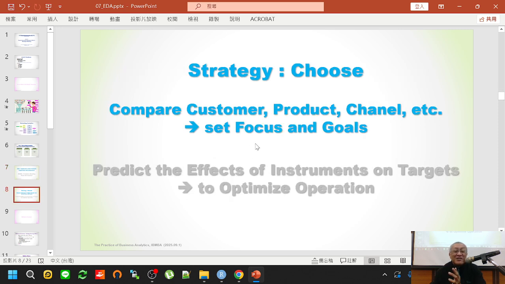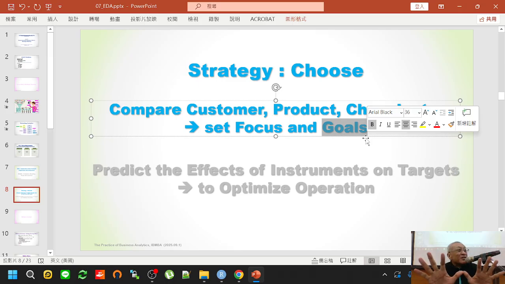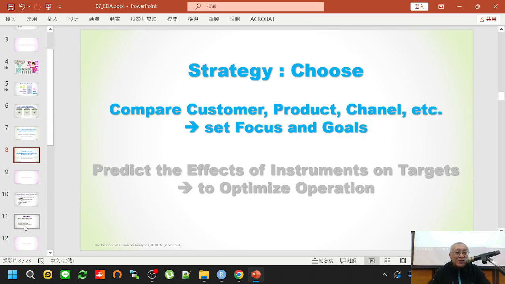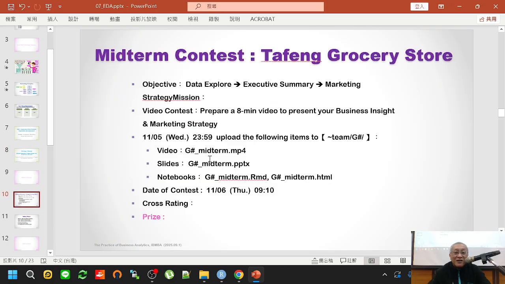And the reason we want to compare among customers and products is because we want to select the focus and set a goal. After your exploration, for the midterm, I want every team to generate an 8-minute video.